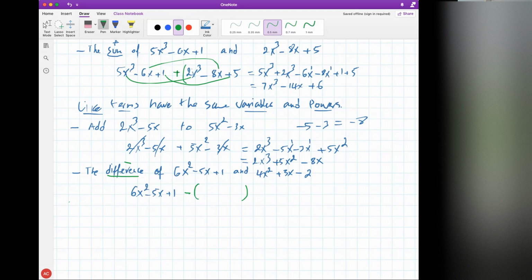But for subtraction, you have to put the second polynomial, whichever goes second, in parentheses, right after the minus sign. That's important. So we keep the same order, this minus this.